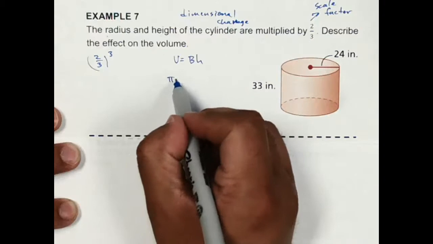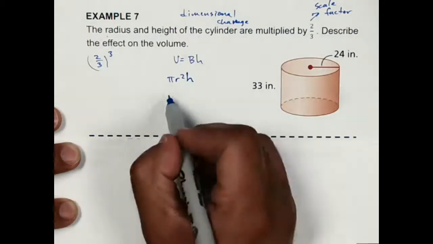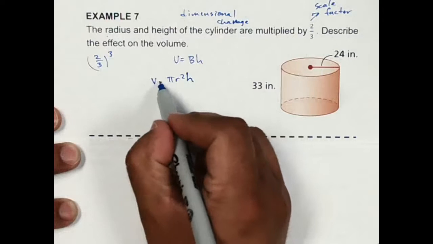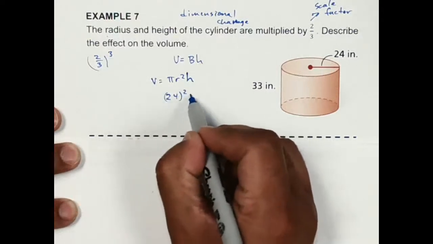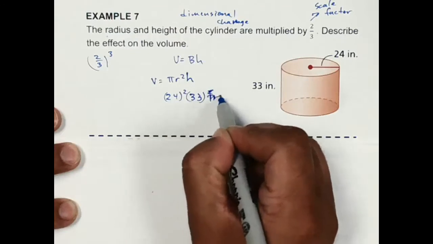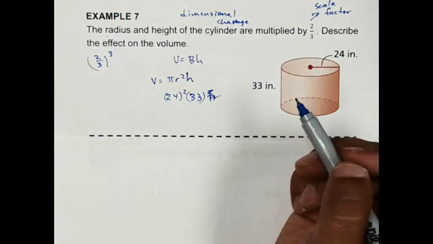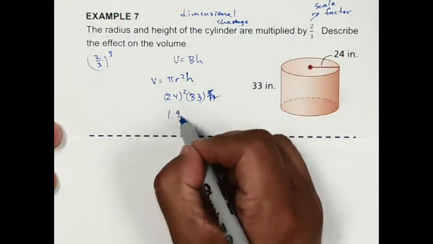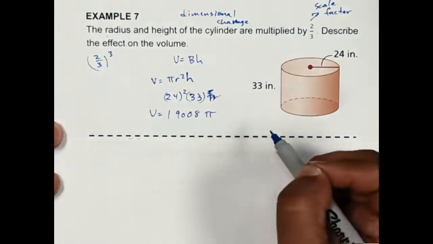So I have pi r squared times h. So this is going to be 24 squared times 33 pi. So 24 squared times 33 comes out to be 19008 pi. That's my original volume.